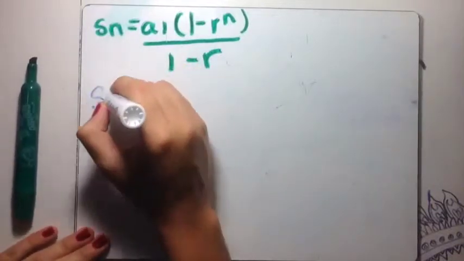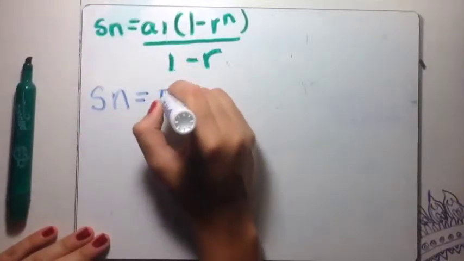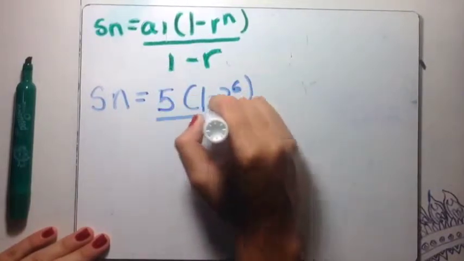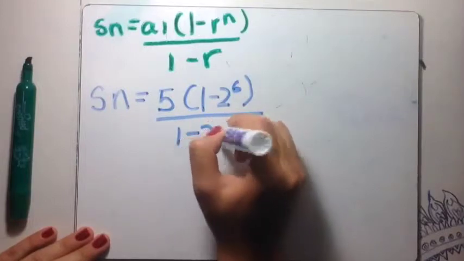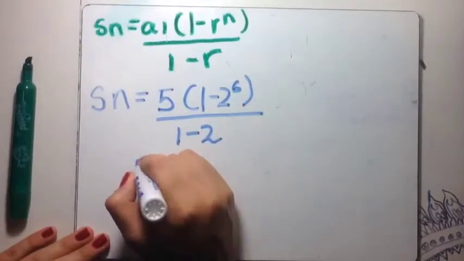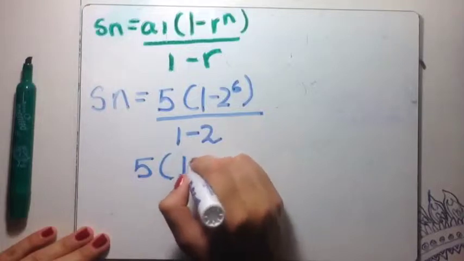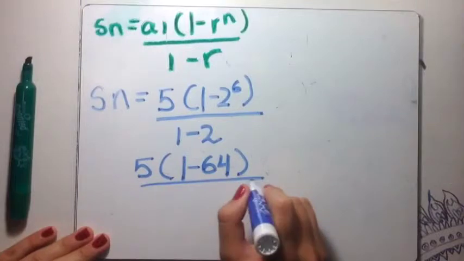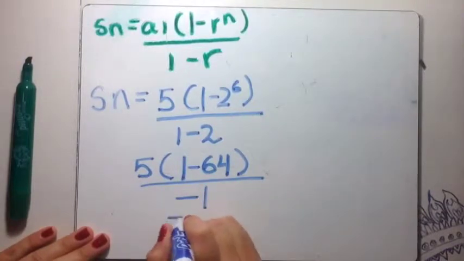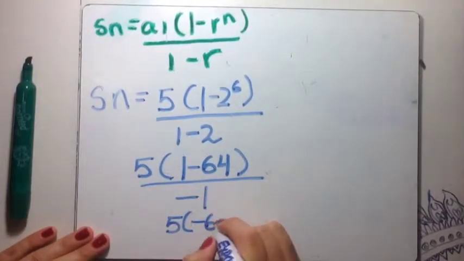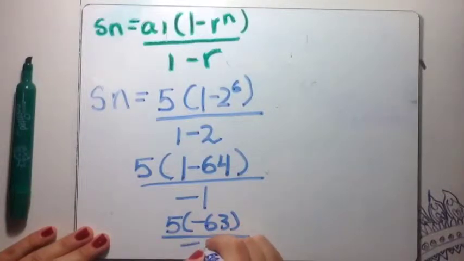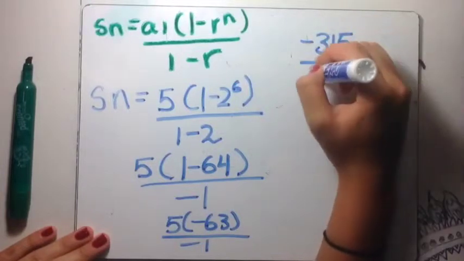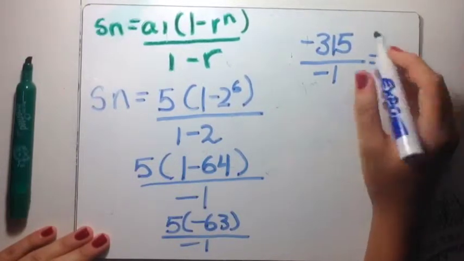You need to do what's in the parentheses first: 5 times (1 minus 64) divided by negative 1. 1 minus 2 equals negative 1. So 5 times negative 63 divided by negative 1. Then you solve this and it gives you negative 315 divided by negative 1. So the answer is 315.